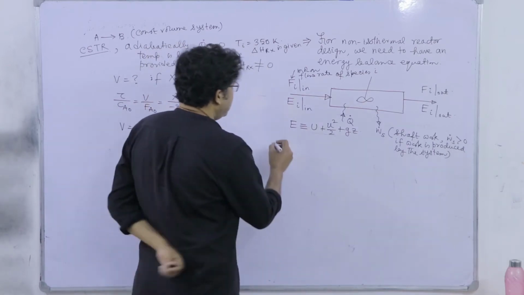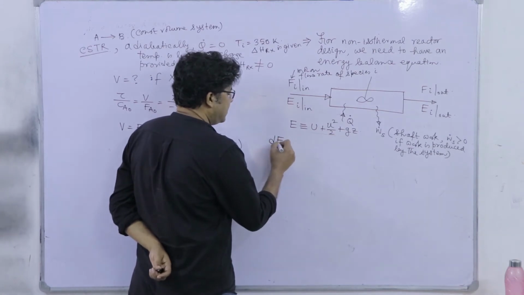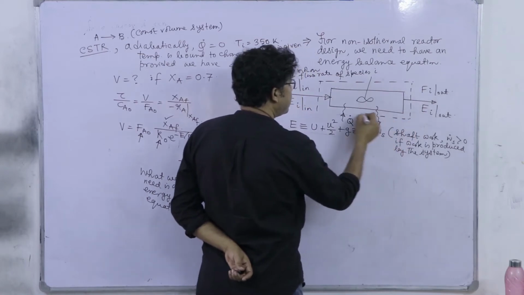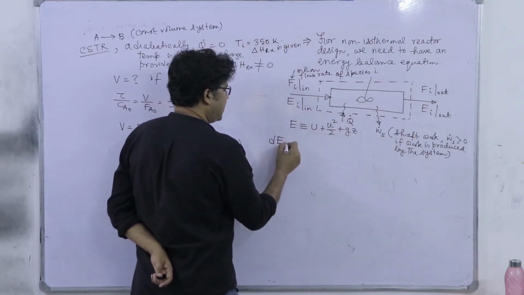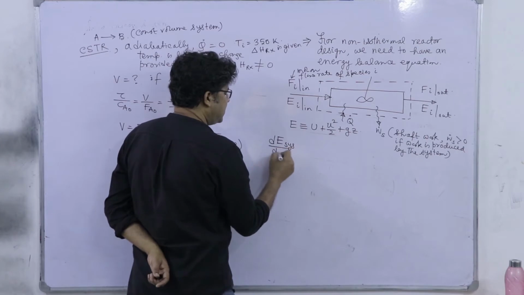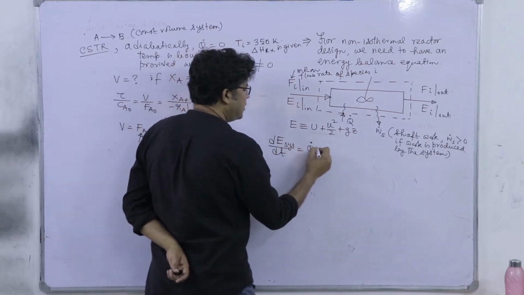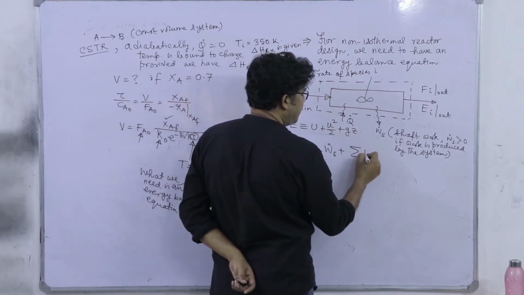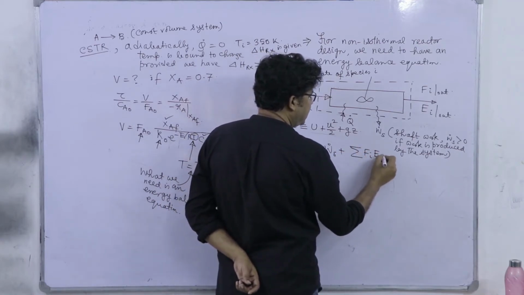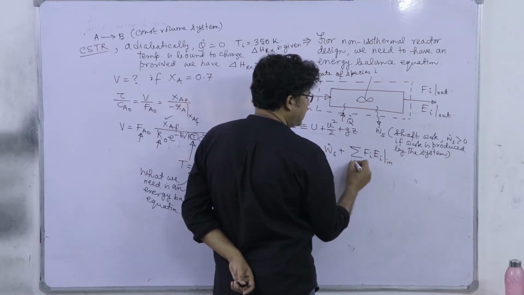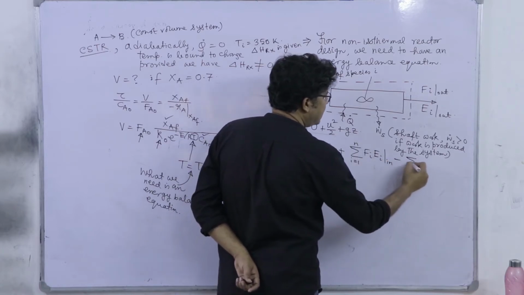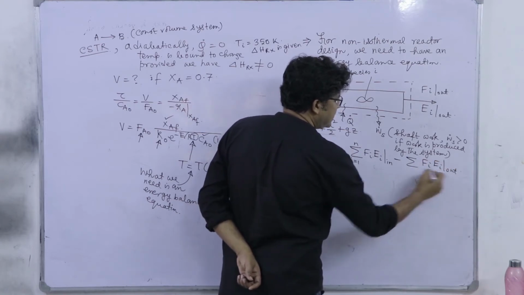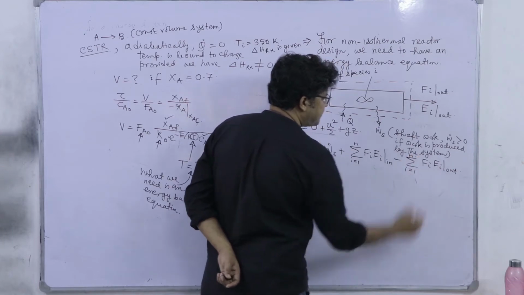Okay. So thinking of this as my control volume, we can simply write that dE system by dt is equal to Q dot minus W dot S plus the sum of Fi Ei in, i equal to 1 to n, minus the sum of Fi Ei out, i equal to 1 to n.